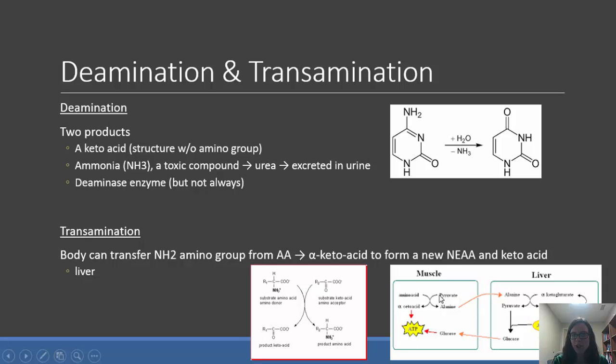In the muscle, we have the conversion of pyruvate to alanine through transamination with a different amino acid. And then the alanine goes to the liver and is deaminated or transaminated. The amino group is taken off, and then it forms pyruvate, which can then be used for energy production, and forms a new amino acid, which is glutamate.